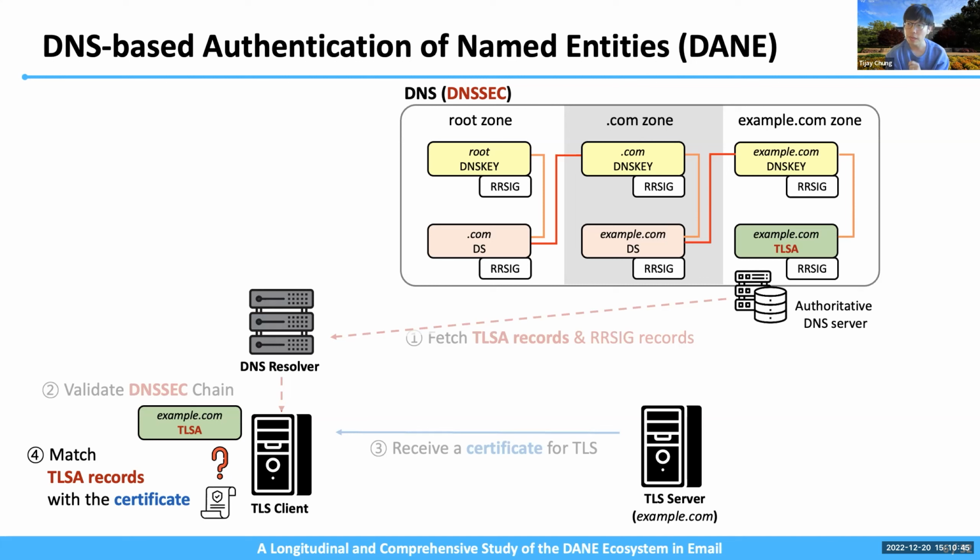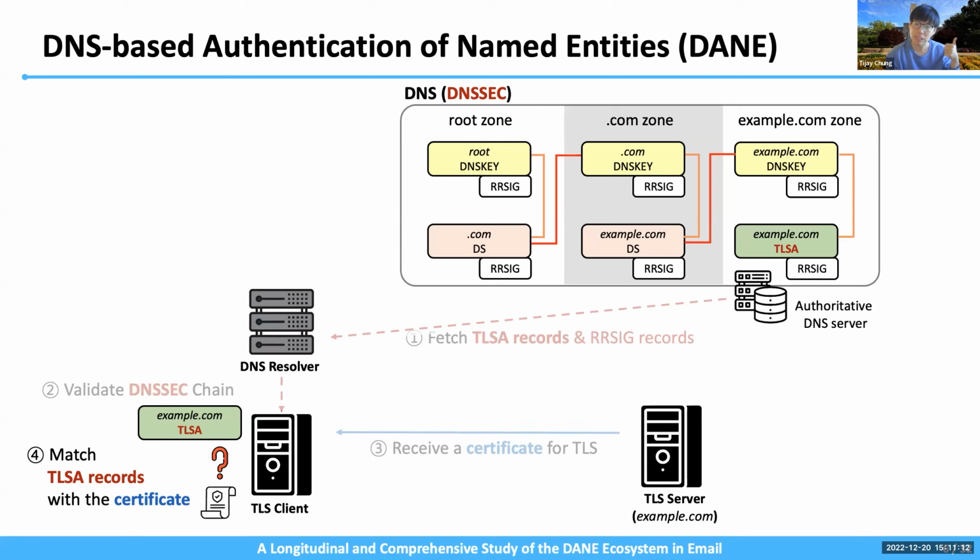And the domain name owner just published a TLSA record from its own self-generated certificate, and the owner can manage the TLSA record and the certificate coherently, right? So the client can get the TLSA record, which contains the public key of the certificate, and make sure that this record has not been forged.